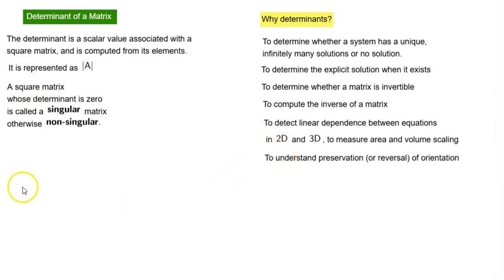But let's first figure out how to evaluate the determinant of a matrix.